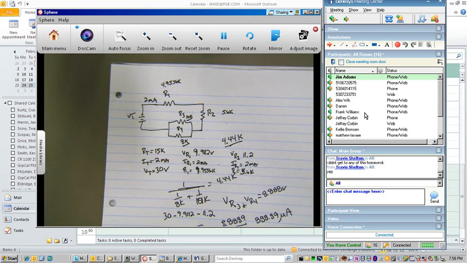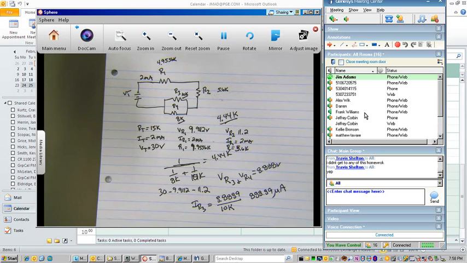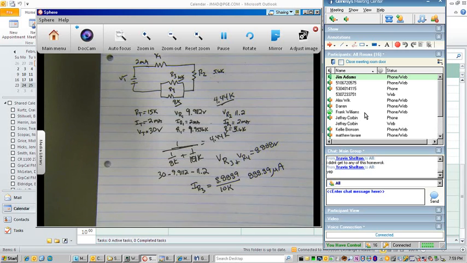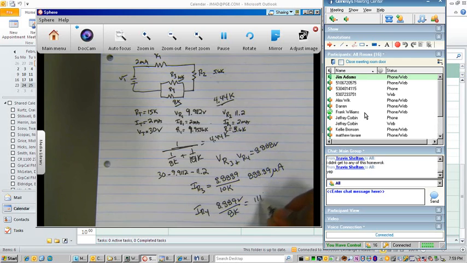You go around this loop, they have to add up to the source voltage, 30. So the voltage across R3 and R4, I have 8.888 volts. Yep, 8.888 volts.